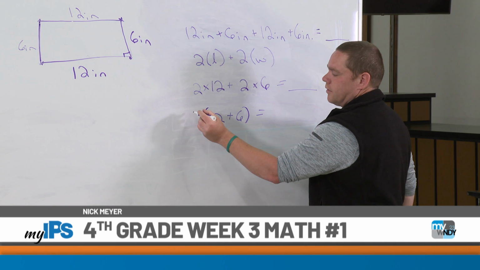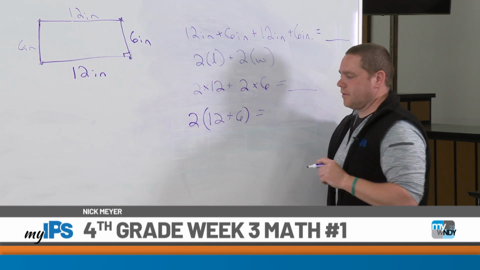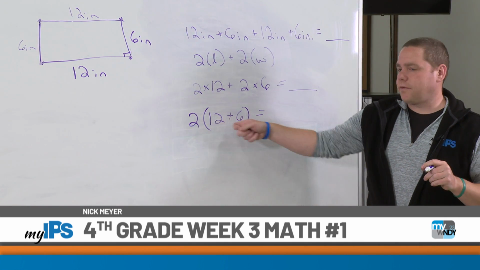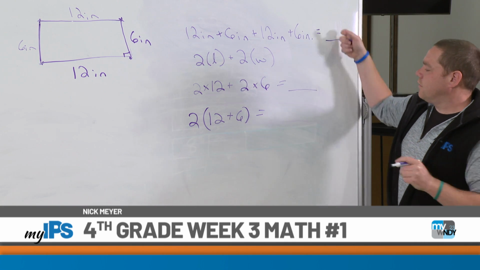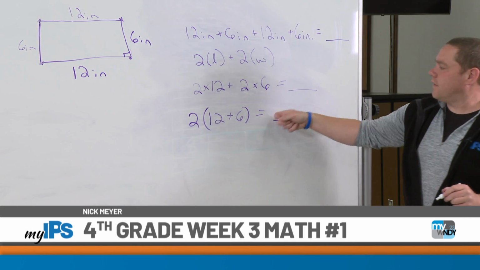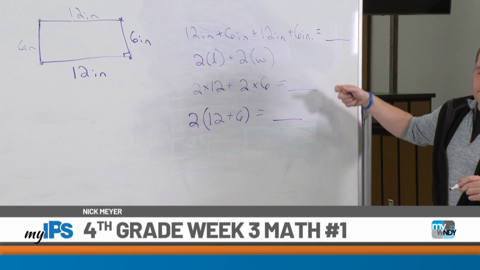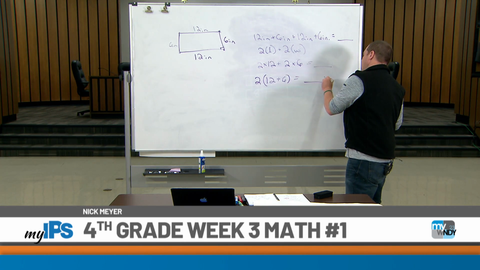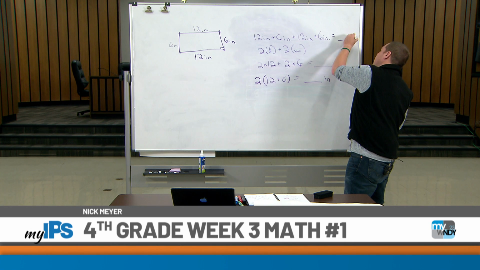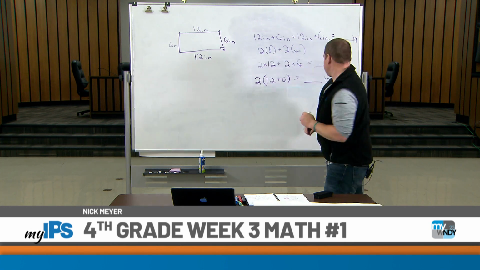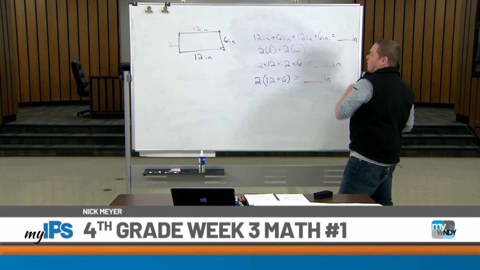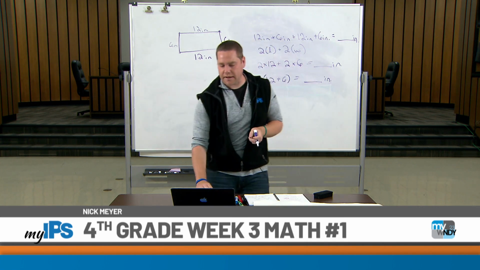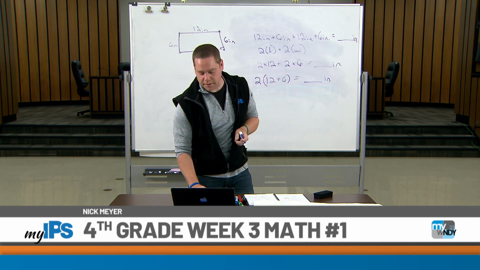So I could do 2 times 12 plus 6, or 2 times the sum of 12 plus 6. You do these, see if every one of these gives us the exact same perimeter in this case, in one-dimensional inches. All right, we're on to the last one for day number 1 in week 3.